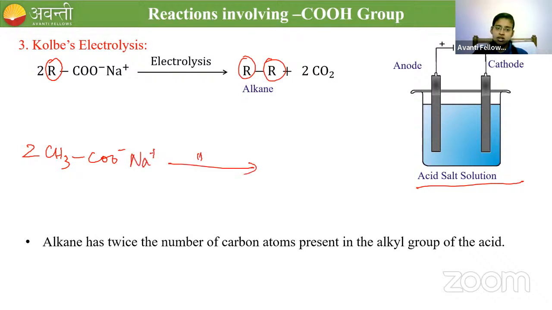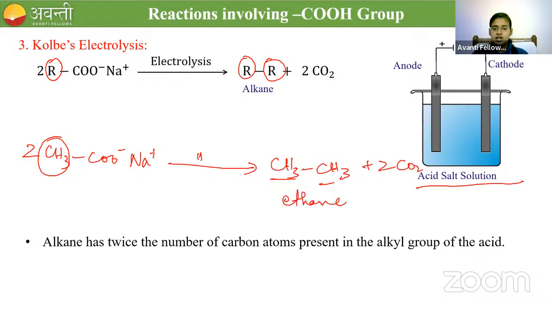With electrolysis, it will produce CH3CH3 plus 2 CO2. So I have two carbons, which is ethane. In the reactant I have only one carbon in the R group, but in the product, I have two carbons. Clear?